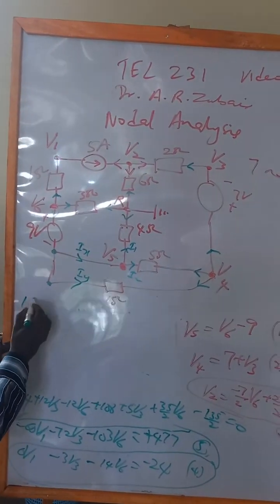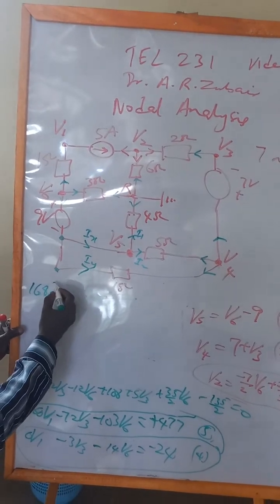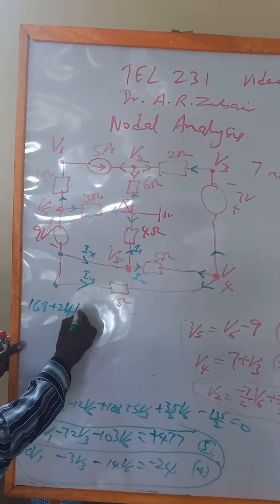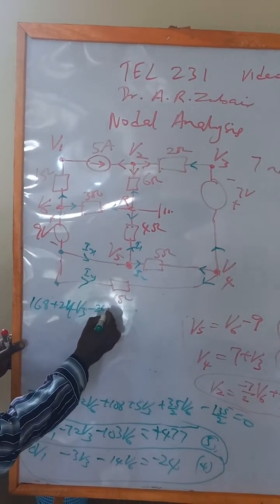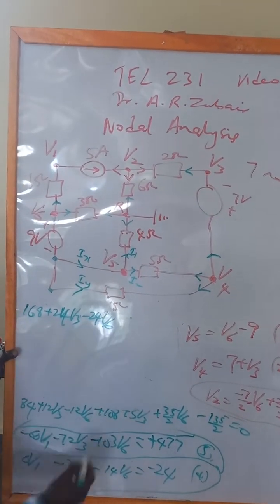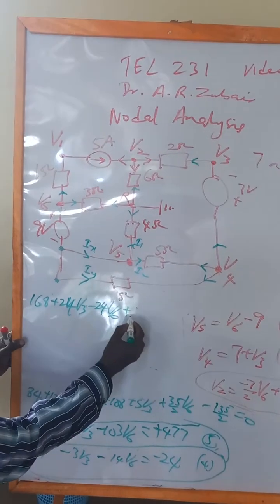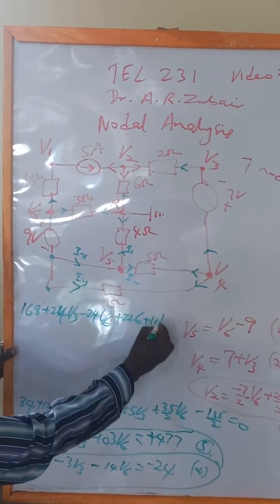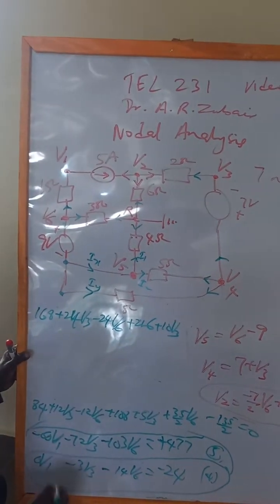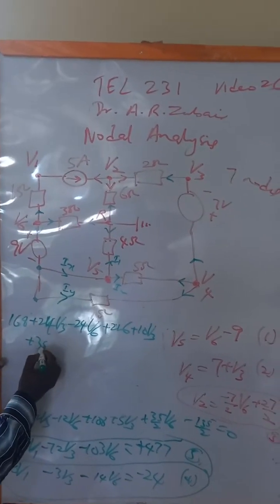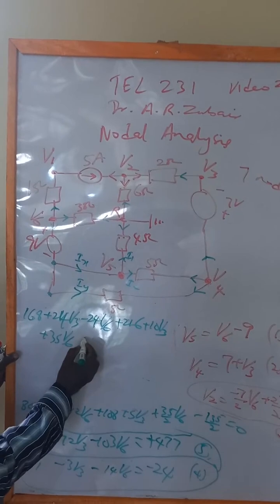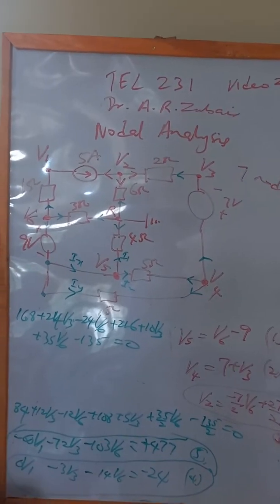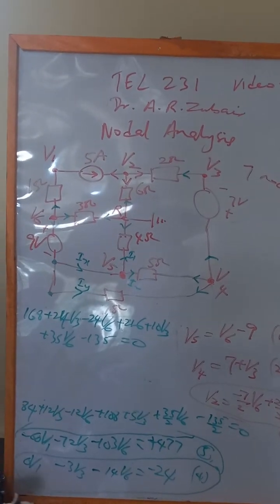This will be 168 plus 24 V3 minus 24 V6 plus 216 plus 10 V3 plus 35 V6 minus 135 equals 0. Have I done it well? Yes, sir. I multiply through by 2.